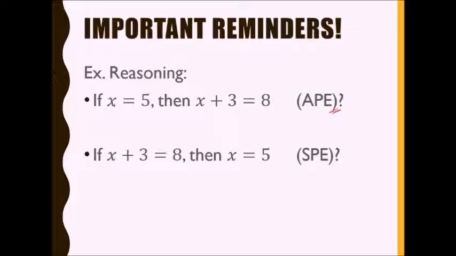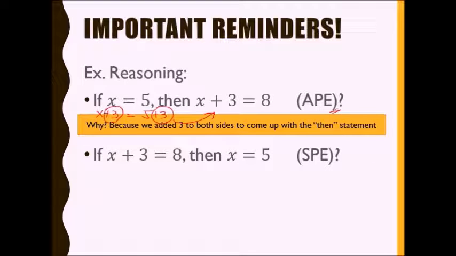So we added 3 to x, and we also have to add 3 to 5. That is why in our then statement, we have x plus 3 equals 8, because we already simplified 5 plus 3 equals 8. So this one is APE because we added on both sides of the equation.